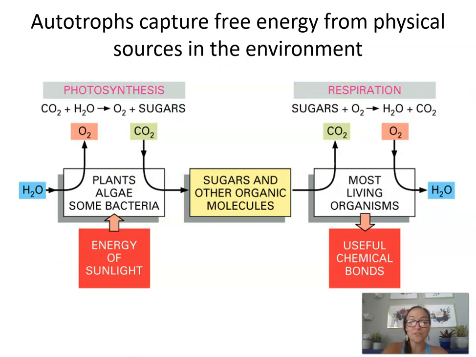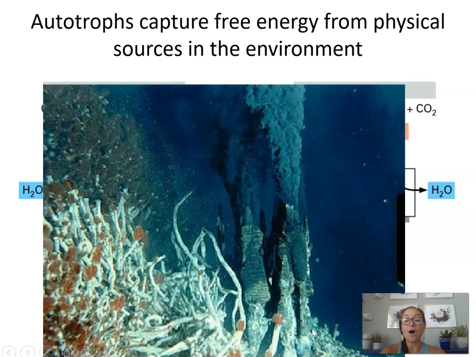You have the kind that do photosynthesis, but then there are also autotrophs found at the bottom of our oceans near hydrothermal vents. There's no sunlight miles and miles below the ocean surface, and so they use chemicals in their environment as the driving source for the Calvin cycle.